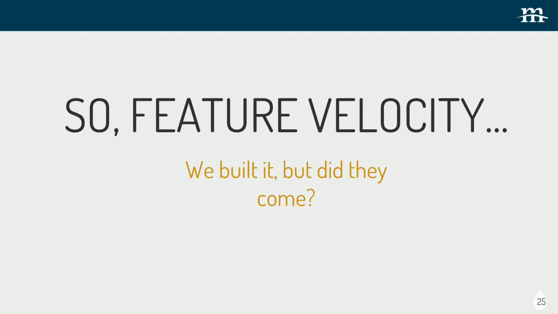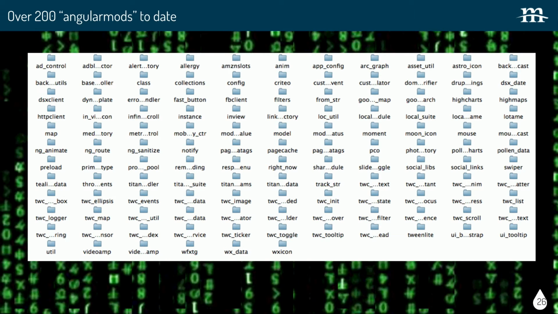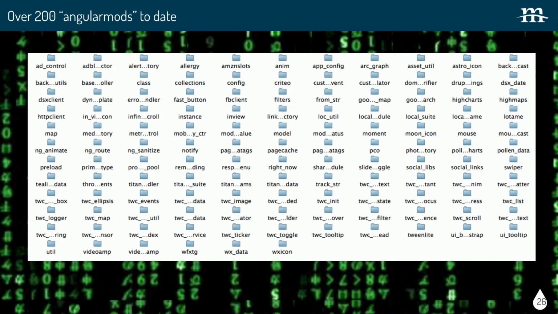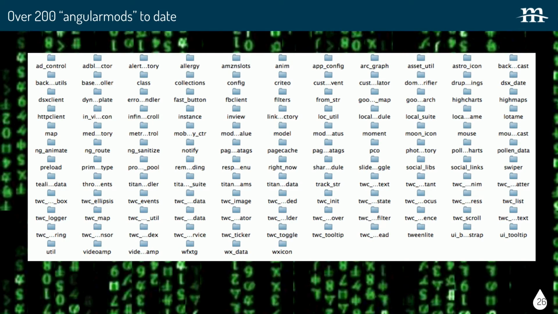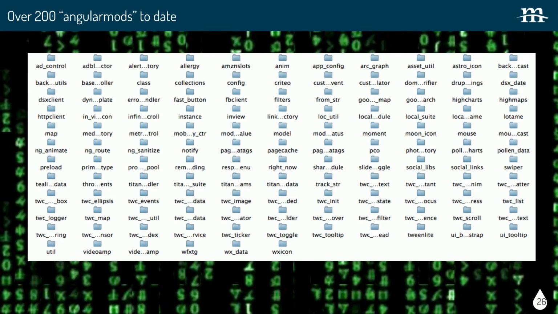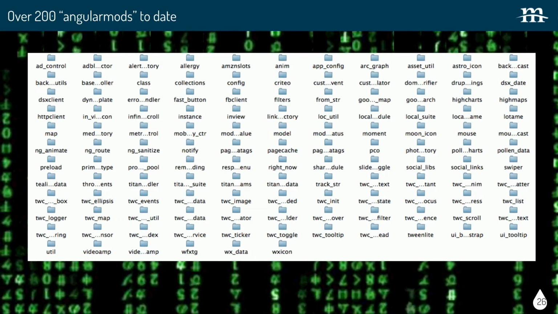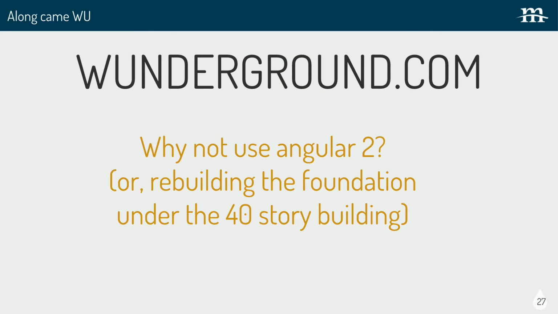And within a few months, they had built hundreds of these things, without having to bug us. We couldn't even keep track of all the different things they were doing with these. Now there's over 200 of them as of today on weather.com. So all of that is kind of ancient history at this point, because that site launched in 2014.